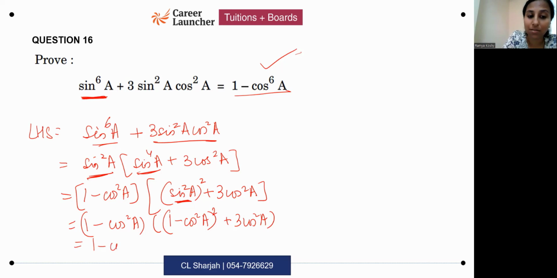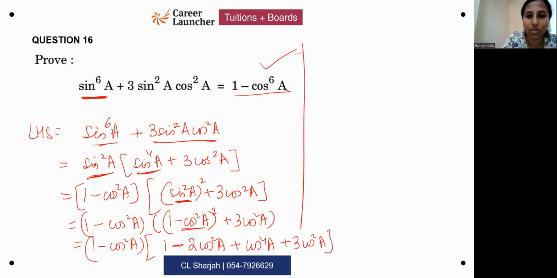What do we do next? What is (a minus b) the whole square? a square minus 2ab plus b square, plus 3 cos square A.